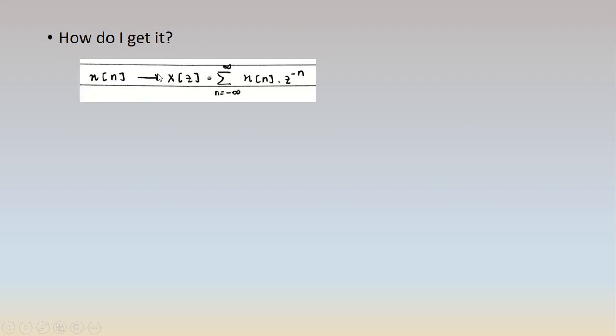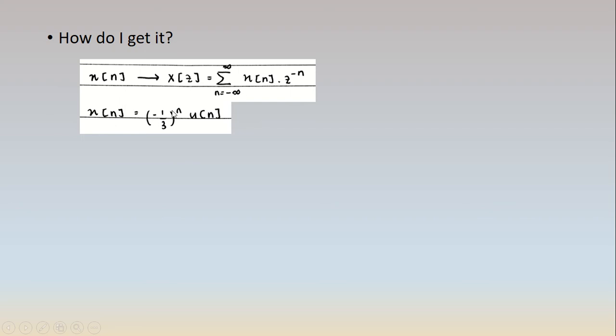How do I get the previous result? We know that we have the signal x[n]. We do the Z transform, and we will get X(z), which is equal to the summation from n = -infinity to infinity of x[n] multiplied by z^-n.